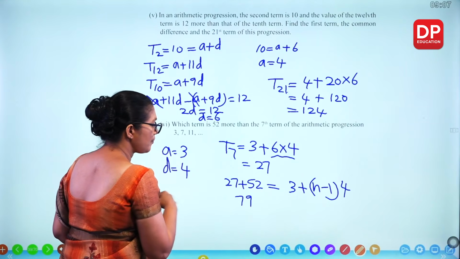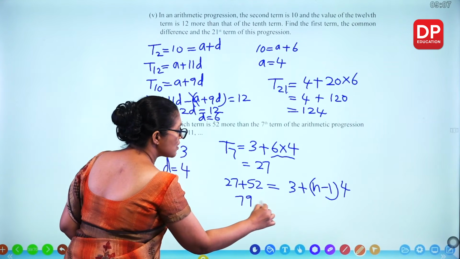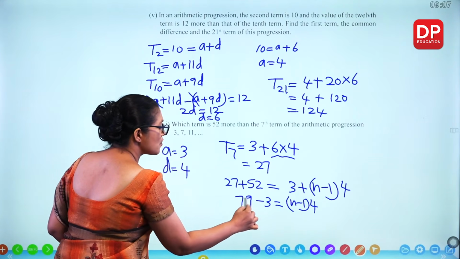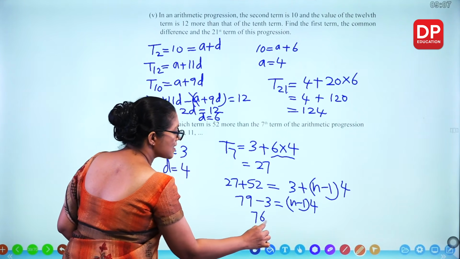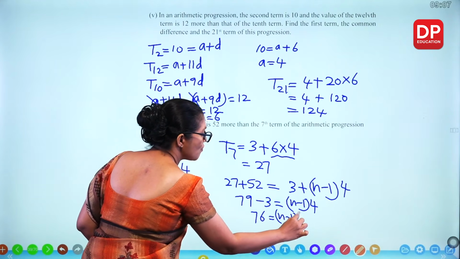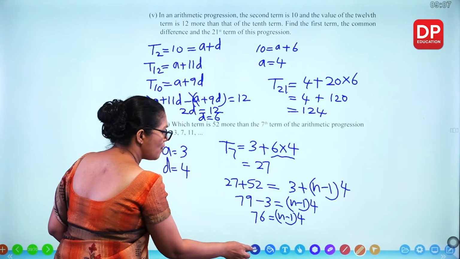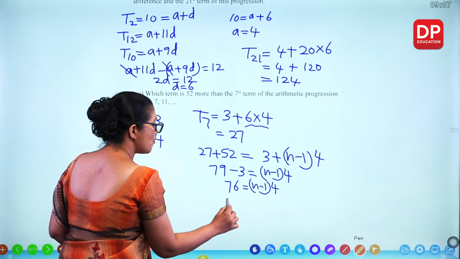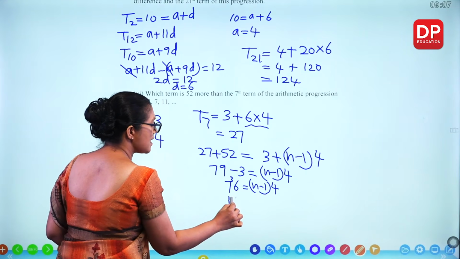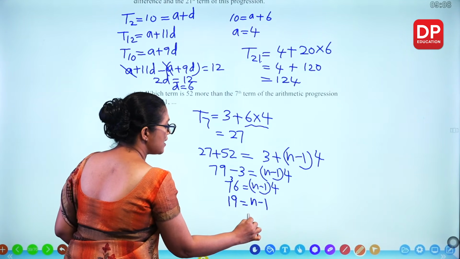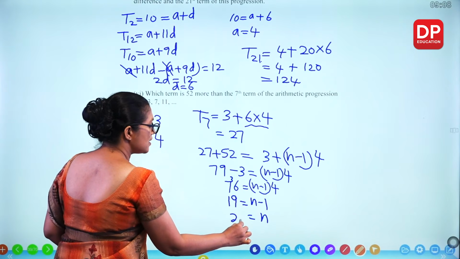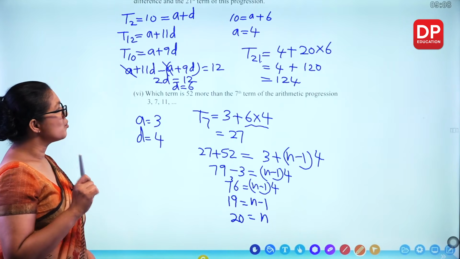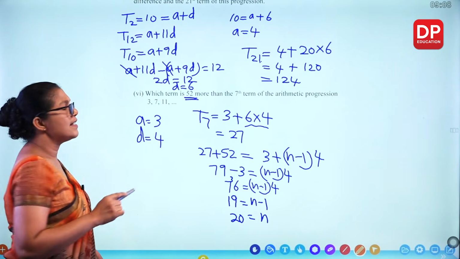You get 79, and when you subtract 3, you get 76 is equal to n minus 1 times 4. Divide by 4. 76 divided by 4 is 19. So n minus 1 is 19, n equals 20. So that means the 20th term is 52 more than the 7th term.